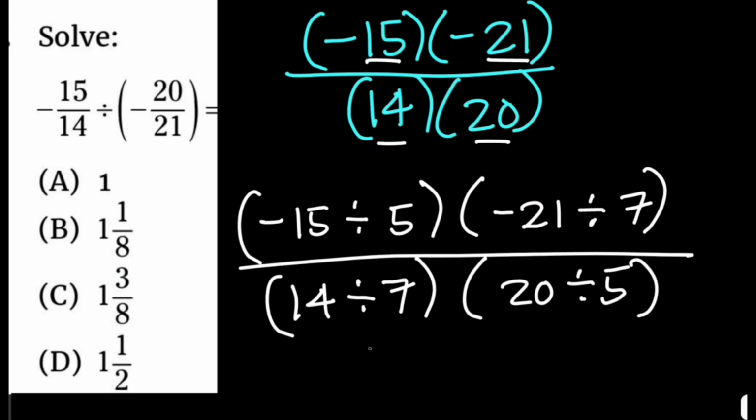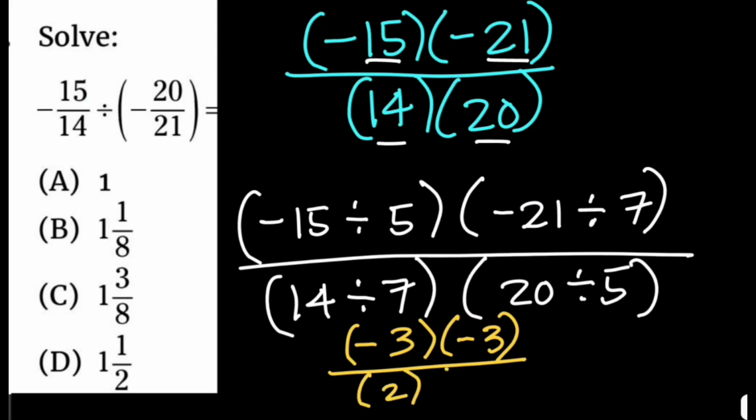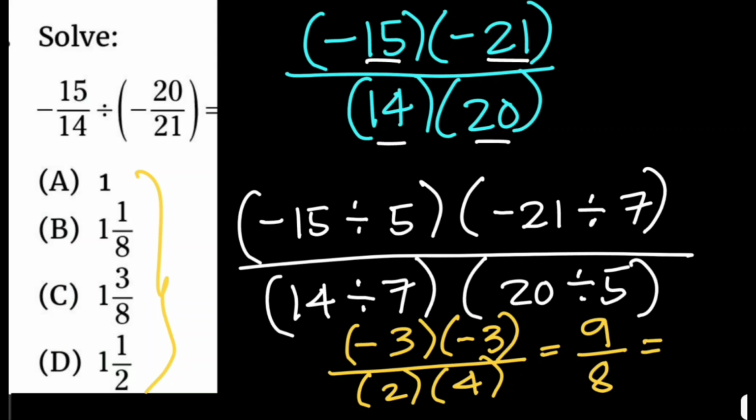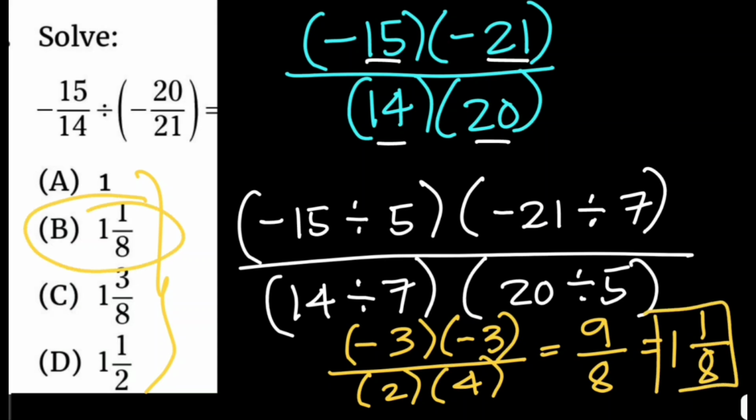And this would become negative 3 times negative 3 over 2 times 4. Then we have 9 over 8. In the choices here, we don't have 9 over 8. We can write this as a mixed number, 1 and 1 over 8. So the answer here is letter B.